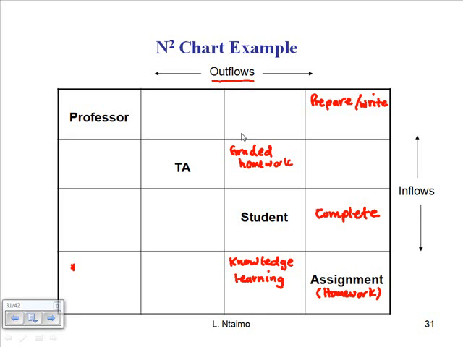The TA can provide answers to student questions. And then as far as the student and the TA going backward, the student can ask questions. So the student can ask the TA questions.